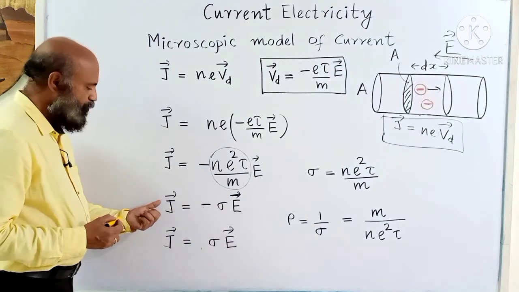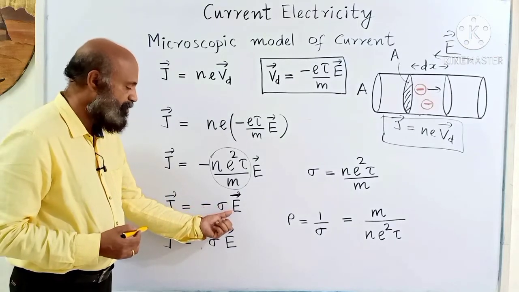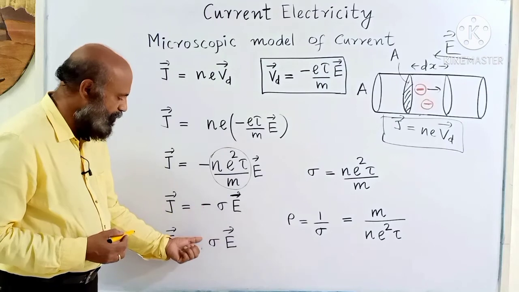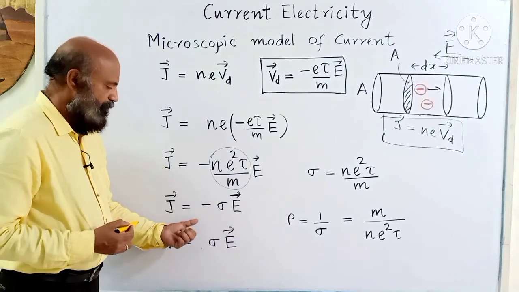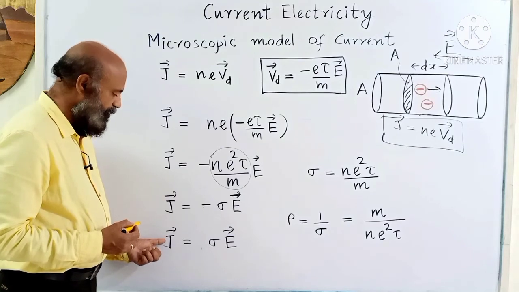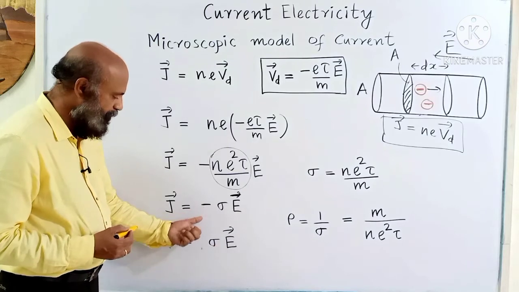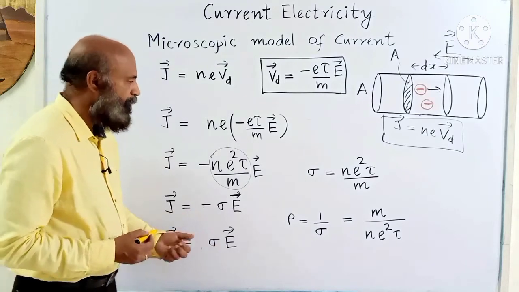Conventionally, the direction of the current density is the same as the direction of the electric field. So this negative sign is not needed. The direction of the conventional current density is the same as the direction of the electric field.